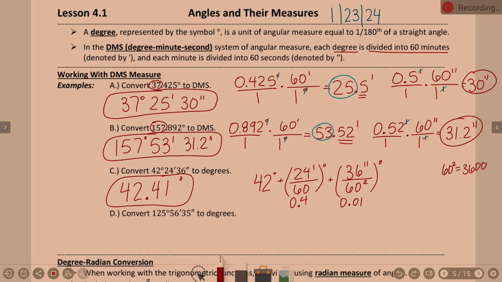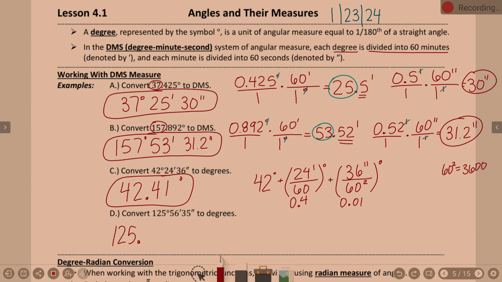We're being asked to convert 125 degrees, 56 minutes, and 35 seconds to degrees. So, if you had to write anything, what do you know about your answer? 125 point. It's a matter of what about that 56 minutes and 35 seconds.